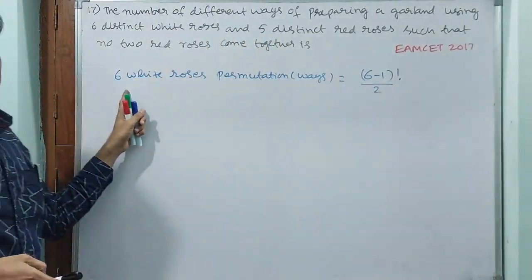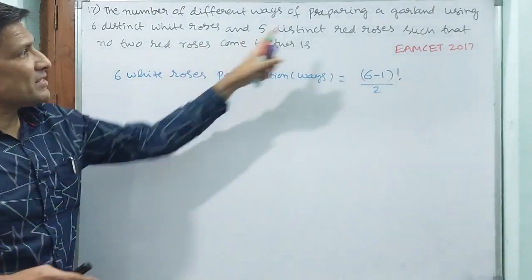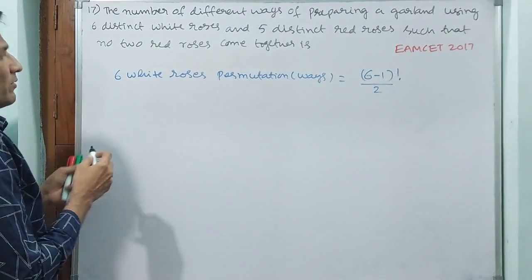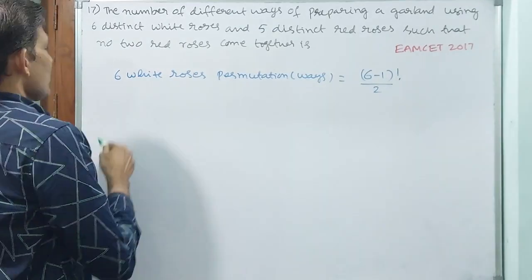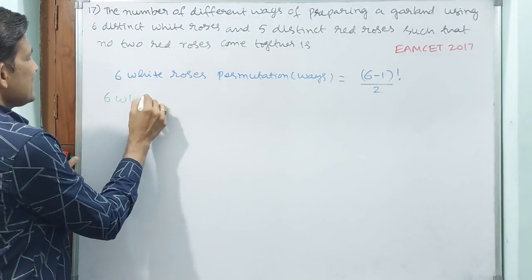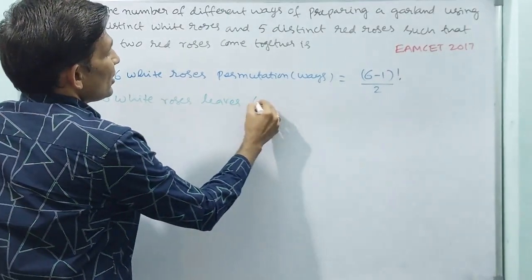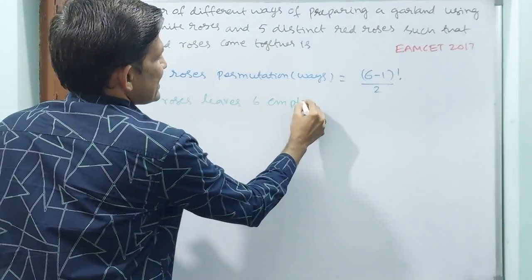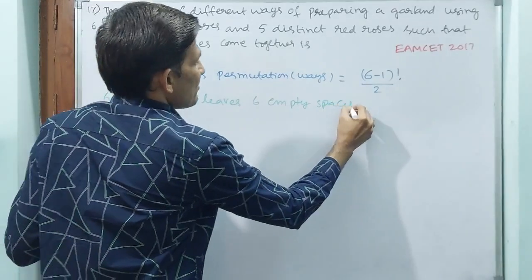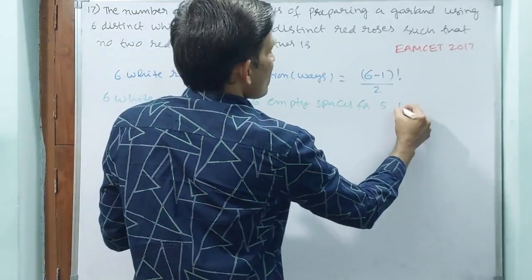Now these 6 white roses will give 6 spaces for 5 red roses. Write down: 6 white roses leave 6 empty spaces for 5 red roses.